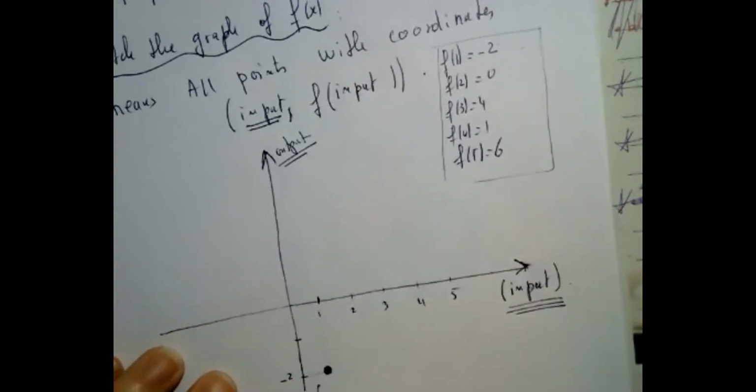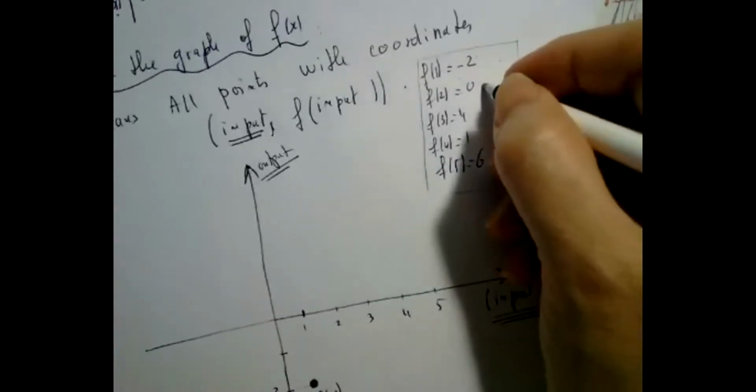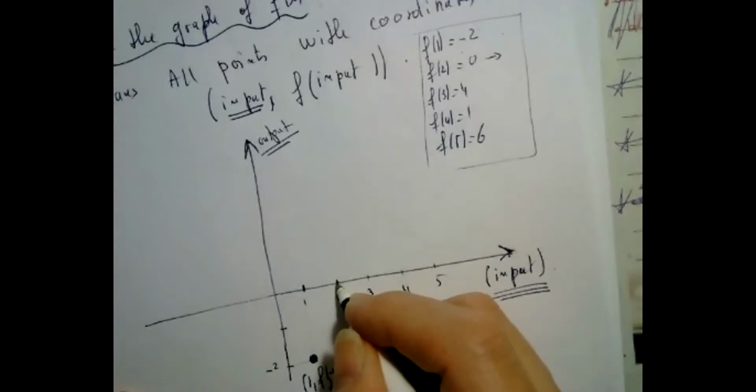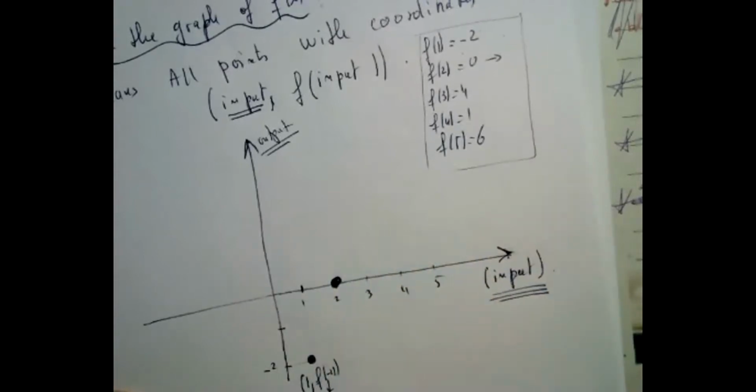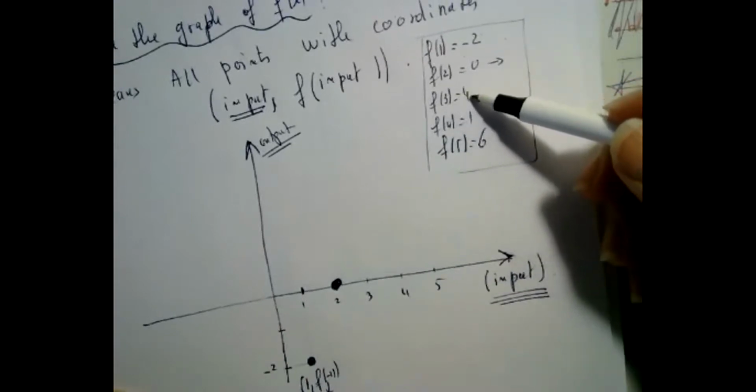So this is 1, the input. The output is f of 1, which is -2. The second point is 2, f of 2. f of 2 is 0. So that's my second point on the graph. The third point, f sent 3 to 4.